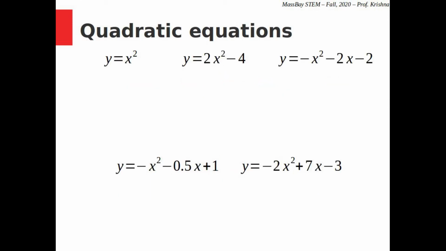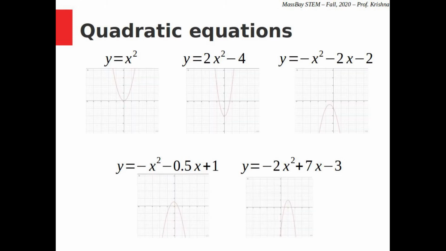If we were to plot these equations on the Cartesian plane, we would get these shapes. They're called parabolas. Parabolas and the quadratic equations that form them are supremely important in physics. In fact, they are the backbone of kinematics. You'll notice that parabolas are symmetric shapes.